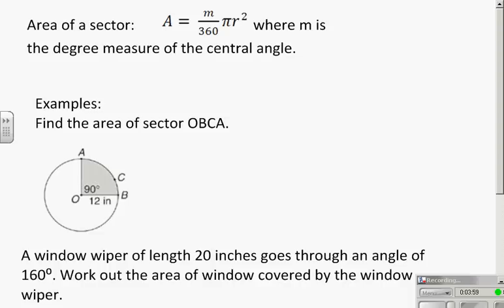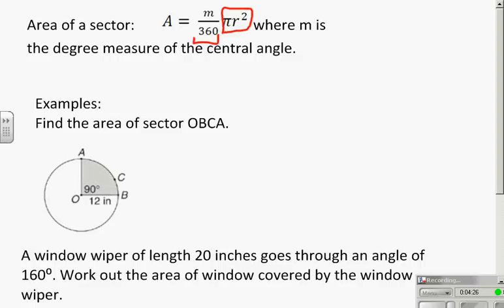Now the area of a sector, which is a fancy way of saying part of a circle, a fractional part of a circle, can be found by the formula m over 360 times the area. M is the central angle, remember that central angle is at the vertex. That makes the fractional part of the circle, what portion of the circle. So basically, fraction times the whole circle to get the area portion.